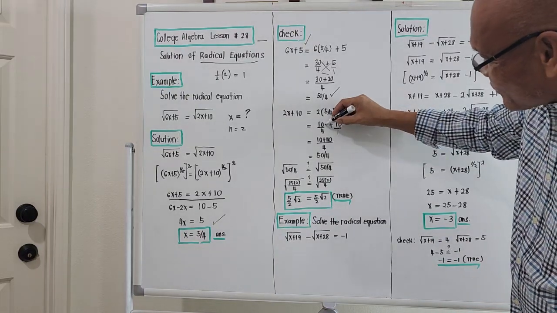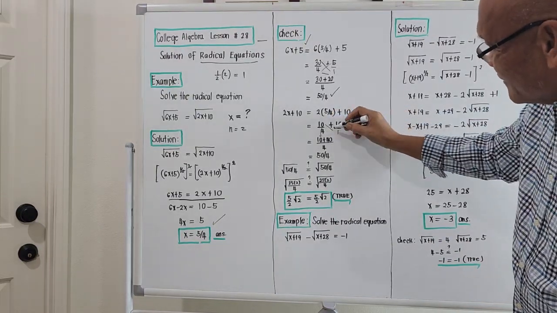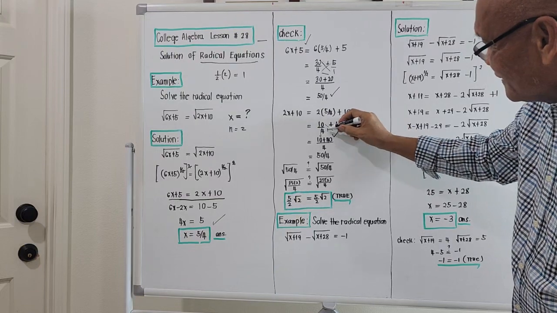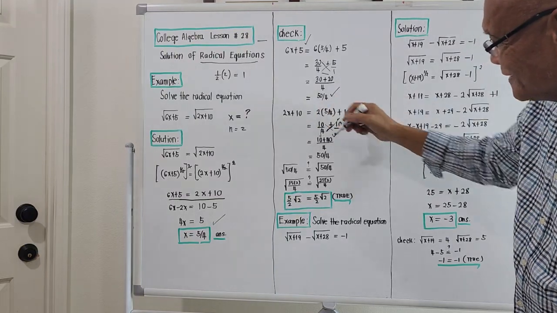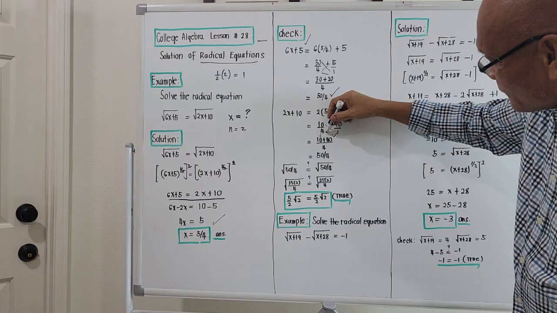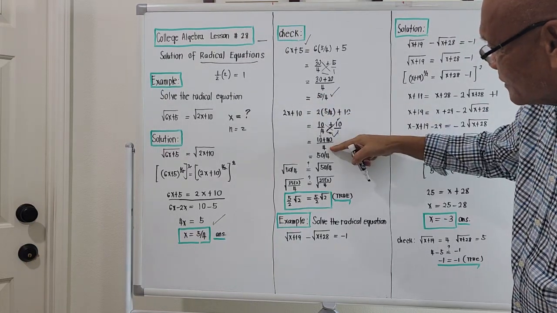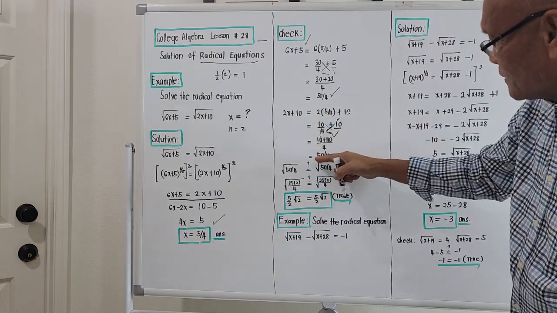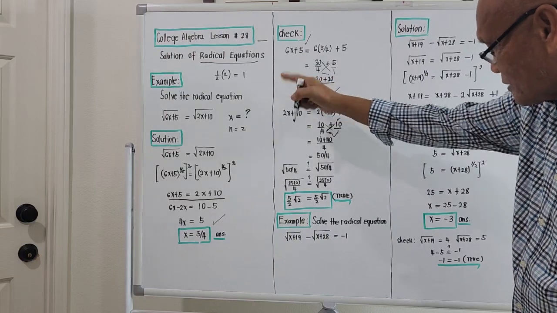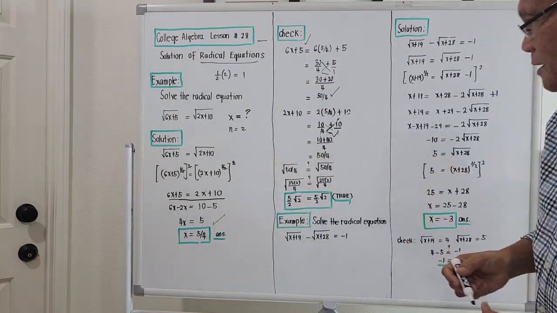Okay. 10 times 1 will be 10. 4 times 10 will be 40. Okay. Butterfly method, right? The resulting denominator will be the product 4 times 1, this is 4. 10 plus 40 will be 50. So 2x plus 10 after the simplification will be 50/4.